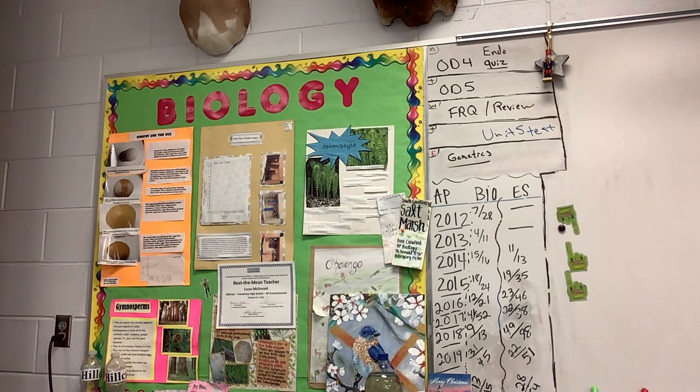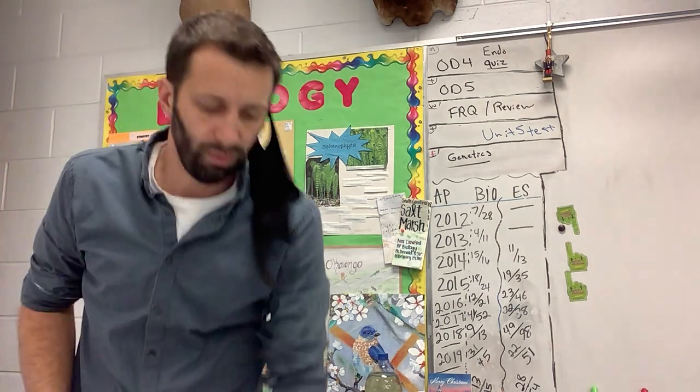Alright, so this is the one on the Hershey Chase experiment, and the correct answer I think should be C for you guys. Radioactive sulfur was used to track the amino acid cysteine. Remember, in this experiment they made the proteins radioactive with one type of thing, the sulfur, and then they made the phosphorus radioactive for the DNA. They were trying to see which one the virus was injecting into the bacteria so they could determine, is it DNA or is it proteins that is the genetic code for life?